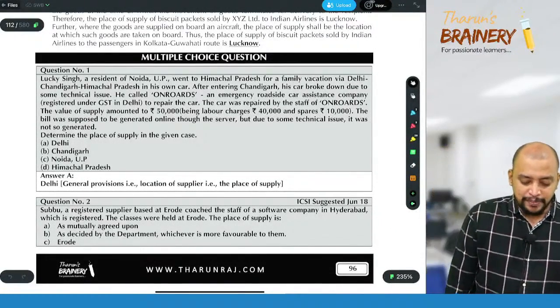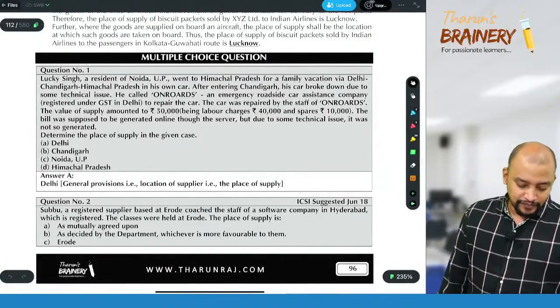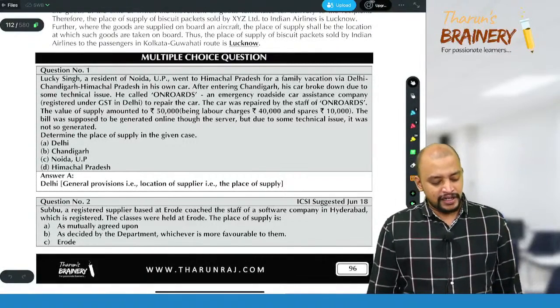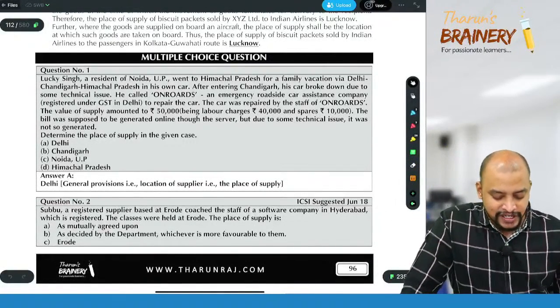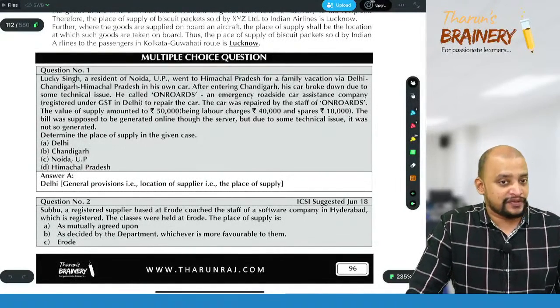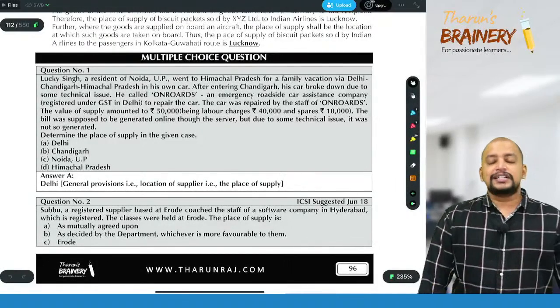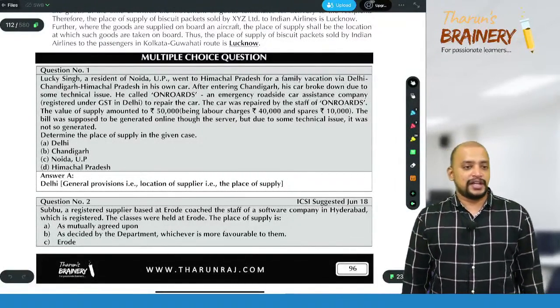The car was repaired by the staff of On Roads. The value of the supply amounted to 50,000, being labor charges 40,000 and spares 10,000. The bill was supposed to be generated online through the server, but due to the technical issue, it was not so generated. Determine the place of supply in the given case.